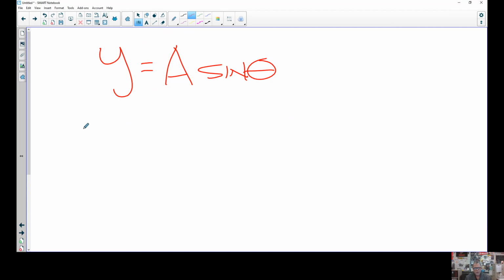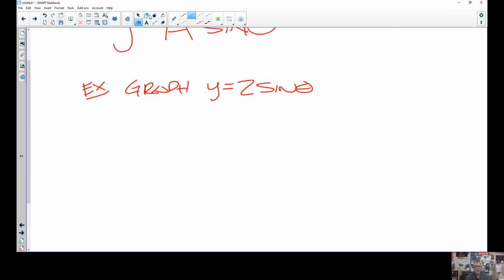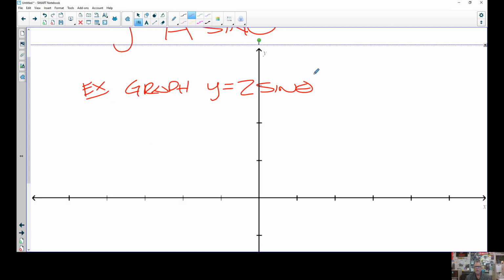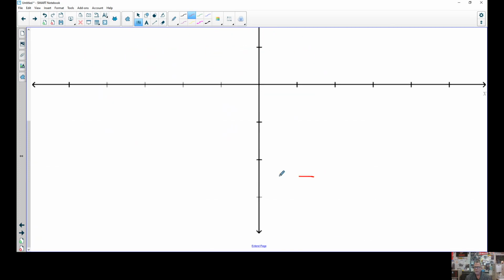If they gave us something that said, I want you to graph y equals 2 sine theta, what we want to look at is what would happen to the graph of that. So what I want to do is plug in one of these graphs.